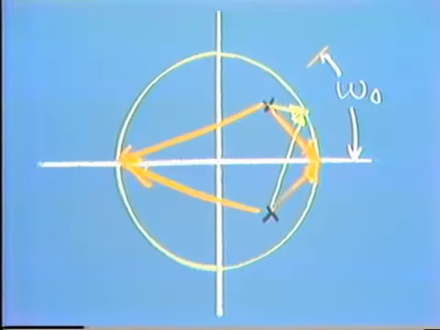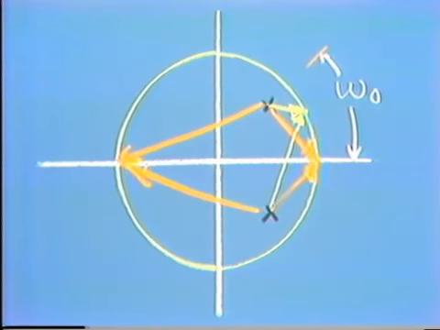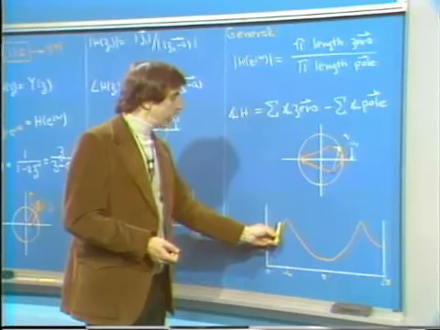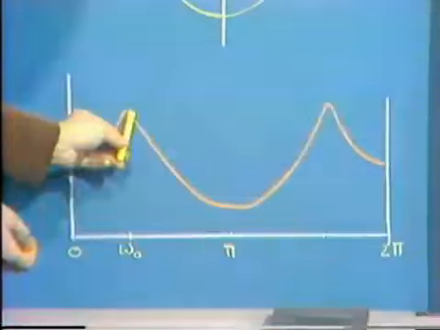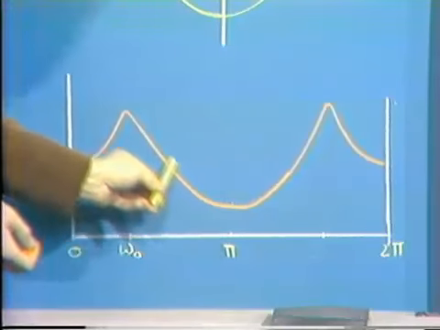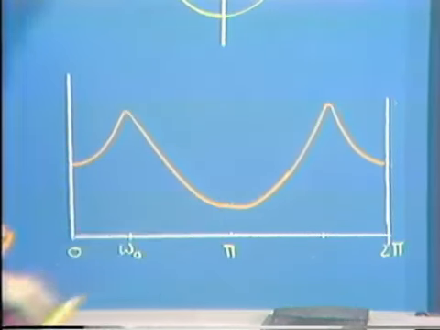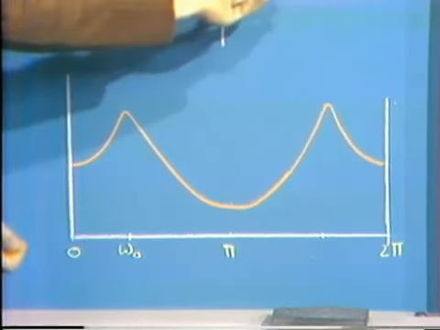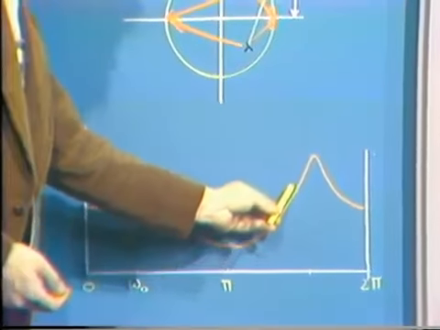So on the basis of that argument, we can see that roughly what we expect the frequency response to do is begin at some value, increase as we approach the pole at omega equals omega 0, decrease as we pass the pole heading toward pi, and then from pi around to 2 pi, or equivalently from 0 around to minus pi, we would expect the reciprocal behavior.